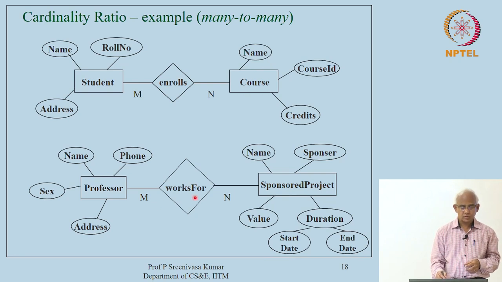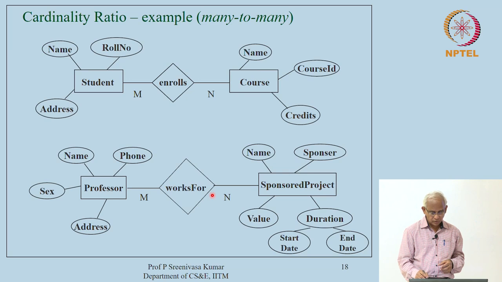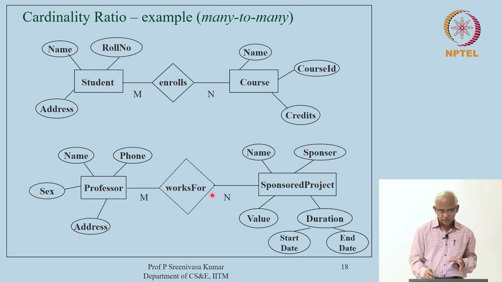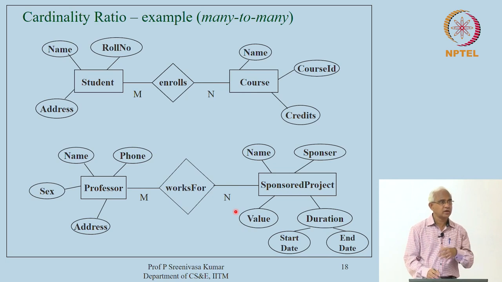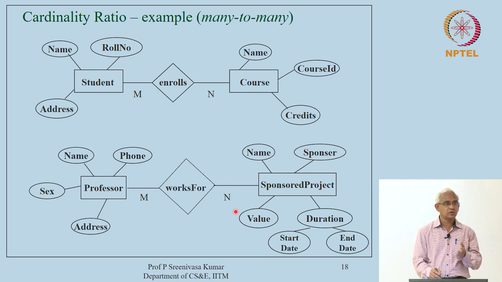Now, at this stage of the development of the information system, we will use all these concepts of entities and relationships to capture the domain that we are modeling, and later when we talk about the relational data model, we will see how exactly we translate this into a relational data model.